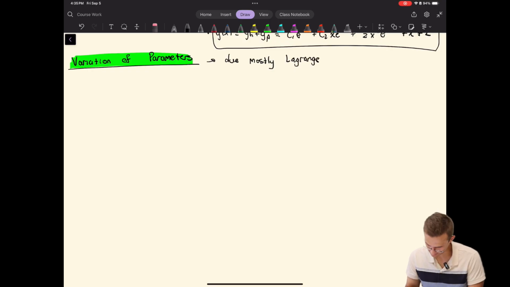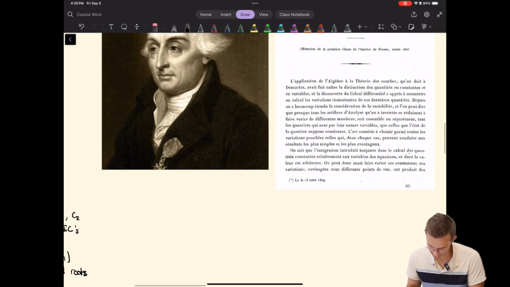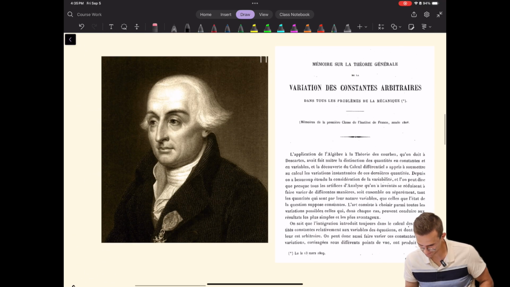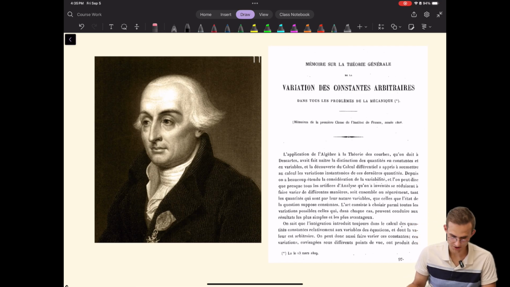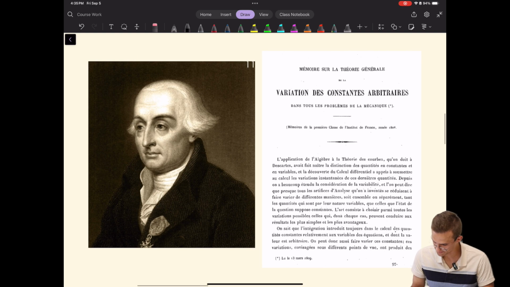Okay, and I think I have an image of Lagrange here. Yeah, there you go. So that's Lagrange there, and also the original publication of variation of parameters. You can see that it's in French, of course.